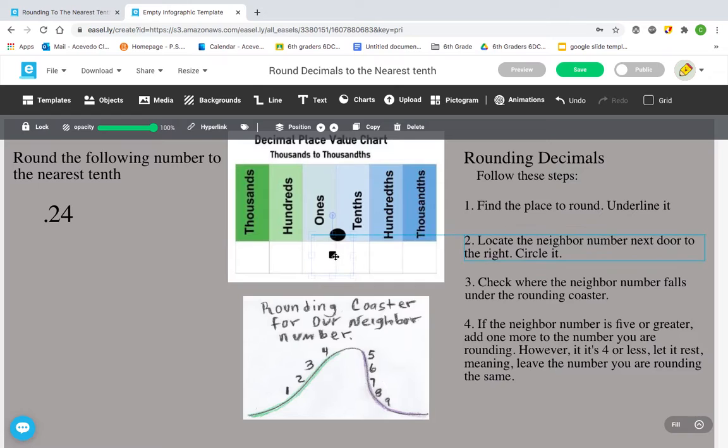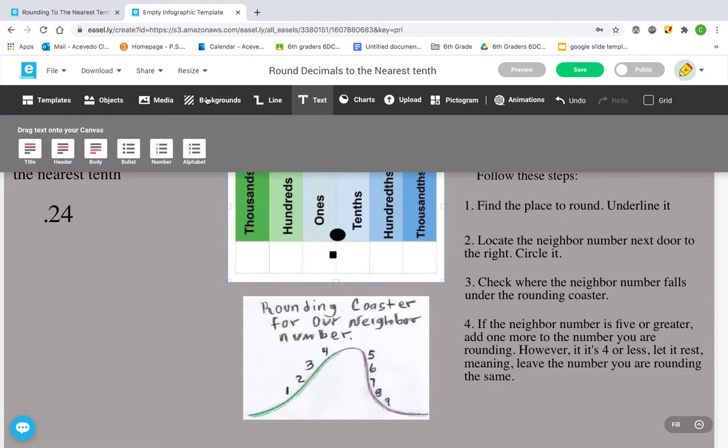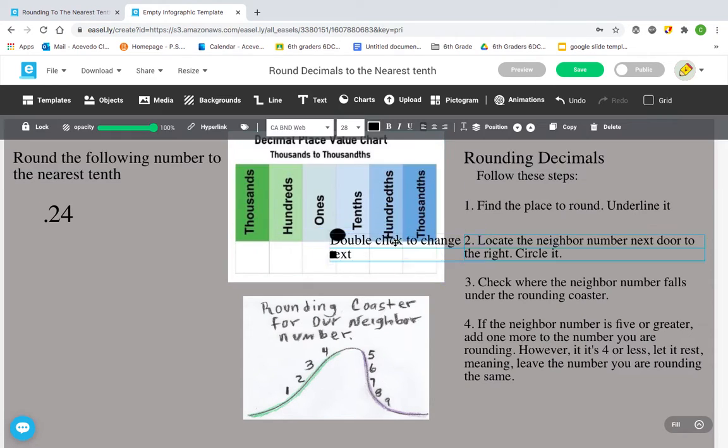So I'm going to write my decimal period symbol between the ones and the tenths. Next, I want to write my 2 next to the decimal symbol, and then my 4 right after the 2.